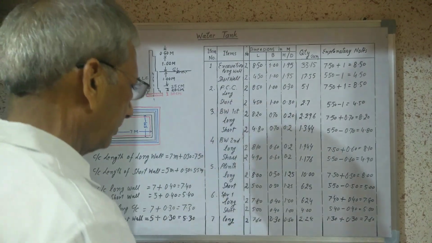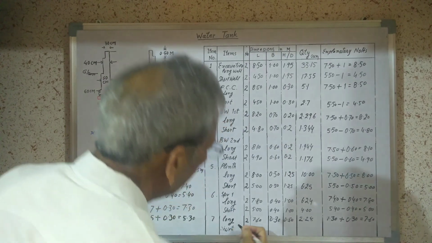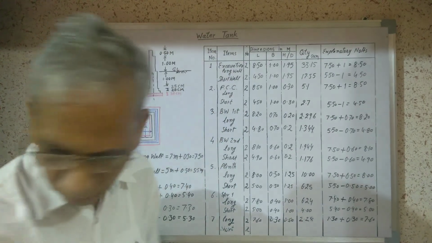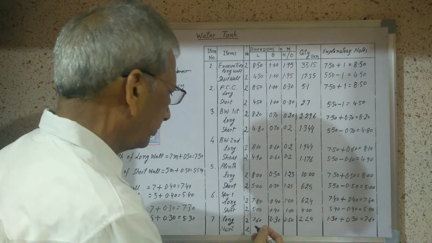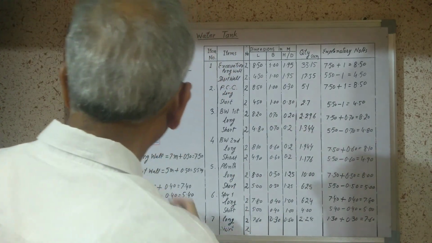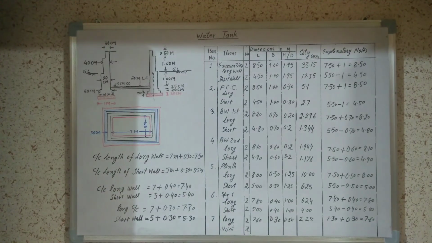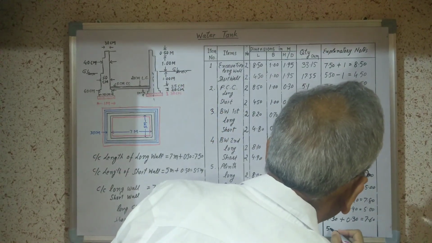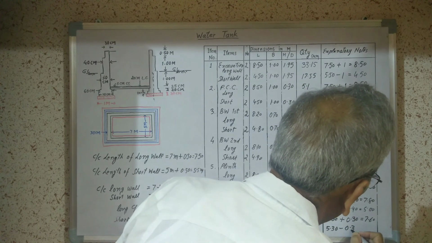Now short wall. Two number of walls. Here the total length of the short wall will be 5.3. Here we will subtract 0.3.